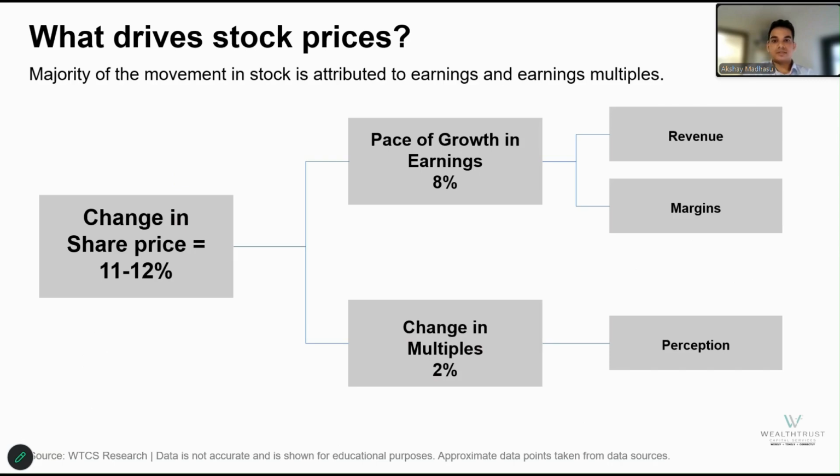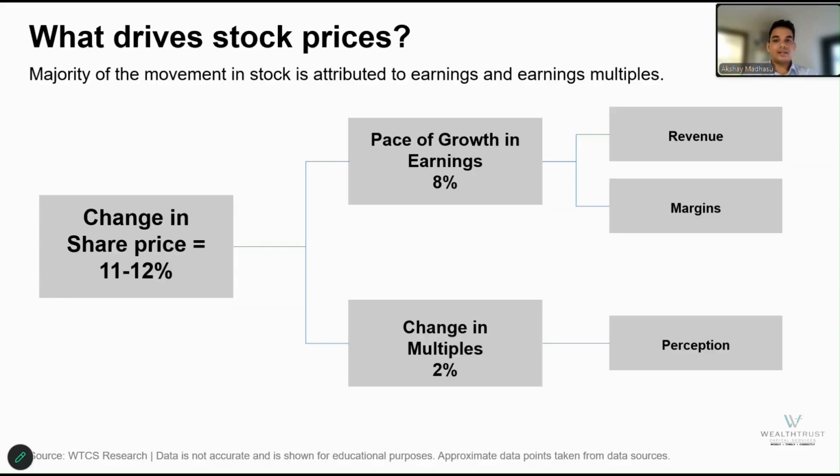Now, what our research suggests is that for any stock price to go from, let's say, 100 to 200, there has to be a fundamental driver behind it. In our research, it also comes to light that the pace of earnings and earnings growth themselves, along with change in multiples, give rise to the change in stock price, right?